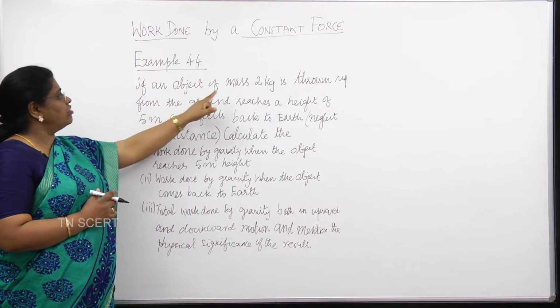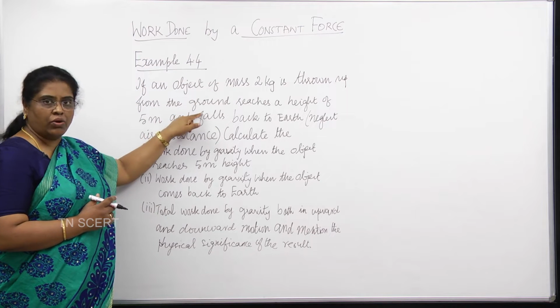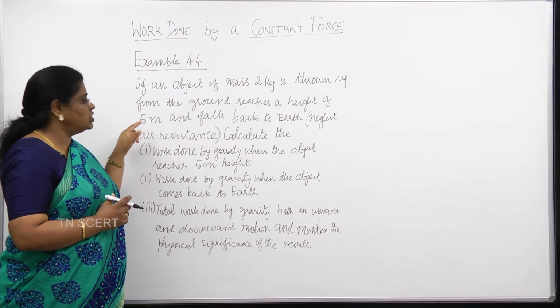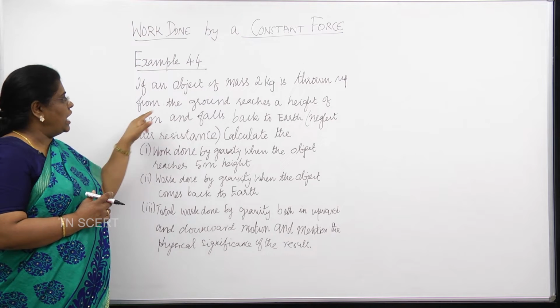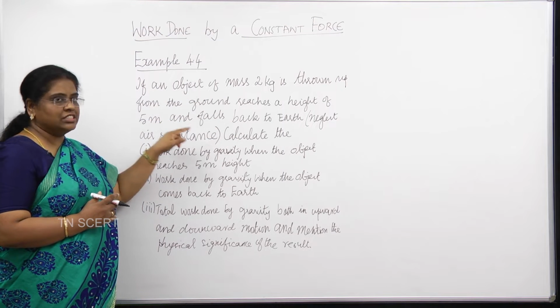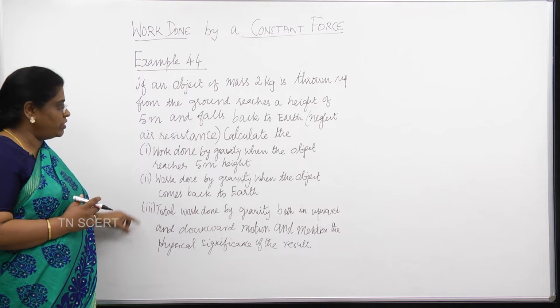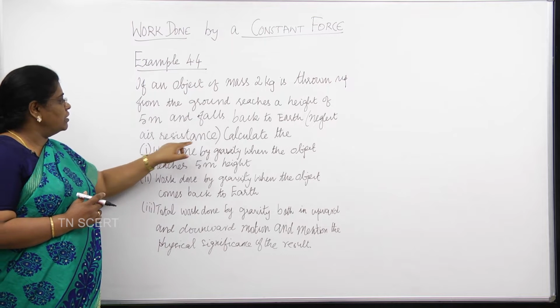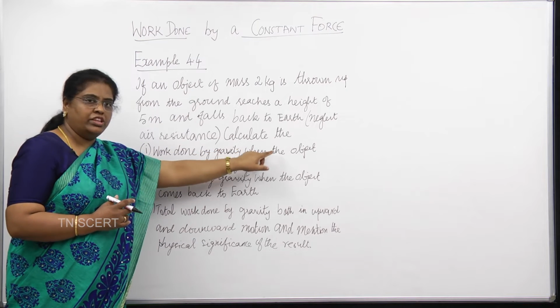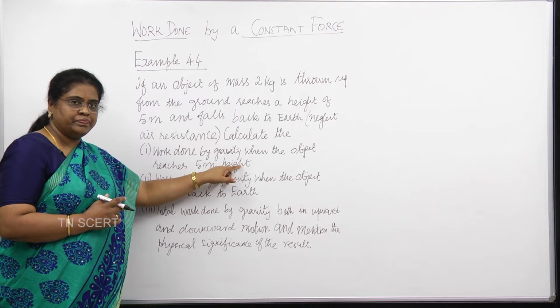An object of mass 2 kg is thrown up from the ground and reaches a height of 5 meters and falls back to the earth. Air resistance is neglected. Calculate three situations. First one, work done by gravity when the object reaches 5 meter height.